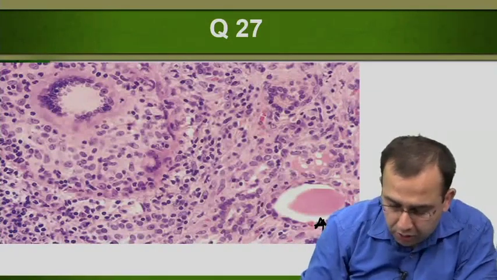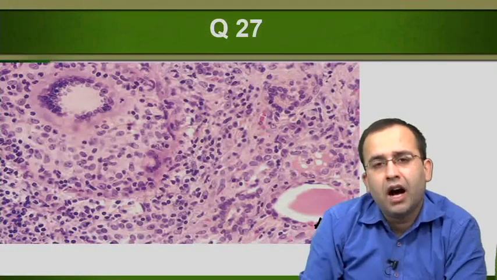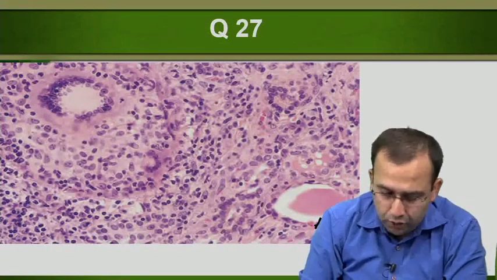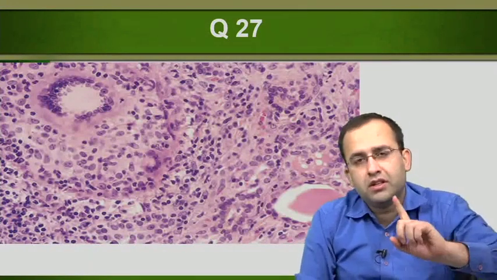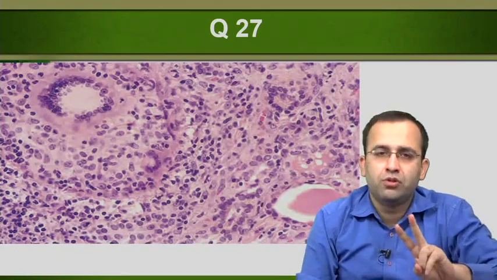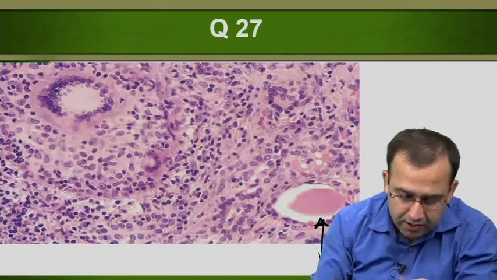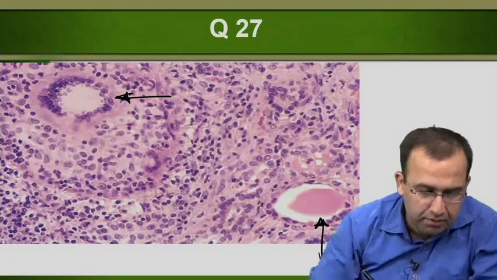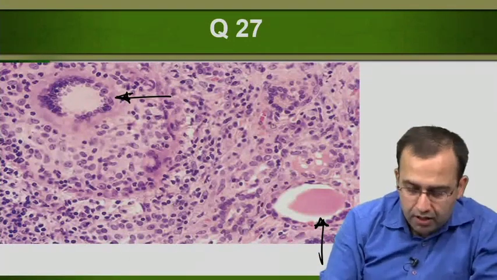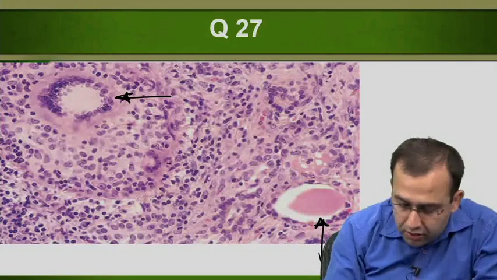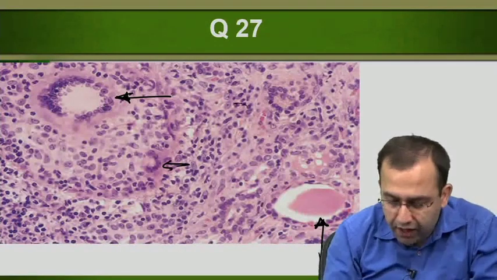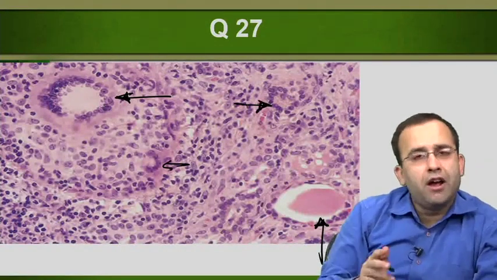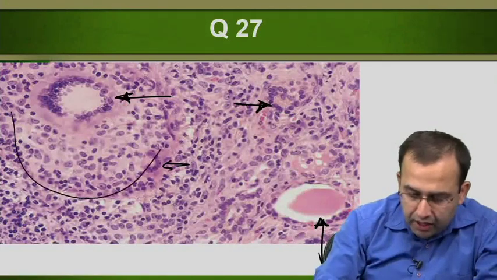Diagnosis, anaplastic, no. Is this a malignancy? Are the nuclear features abnormal? No. Let us rule it out. Is it Graves? No. Hashimoto's? No. Follicular neoplasm? No. What is the problem in this? The problem is you are able to see the presence of a giant cell with multiple nuclei. Identify the giant cells. I am not asking you to identify the ill-defined granuloma.